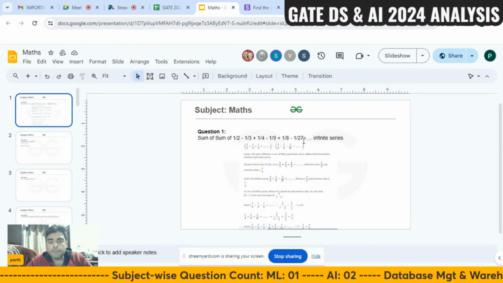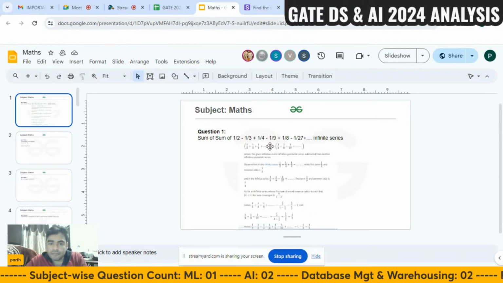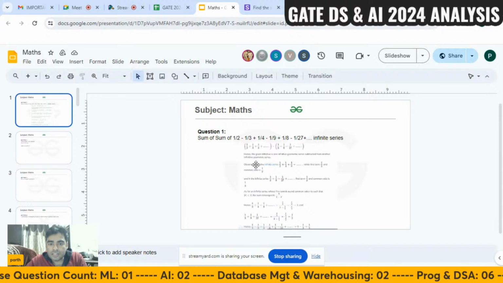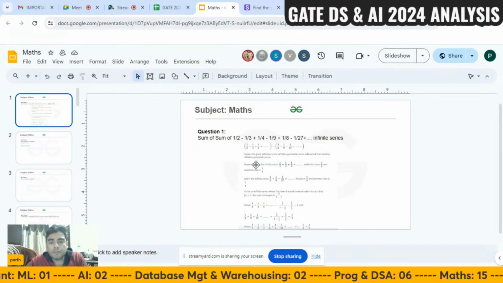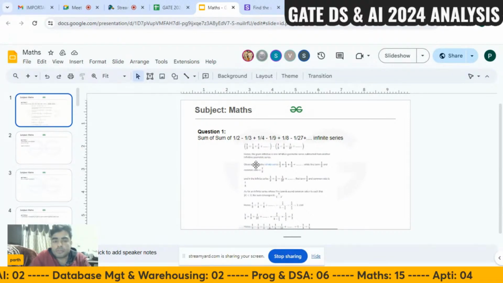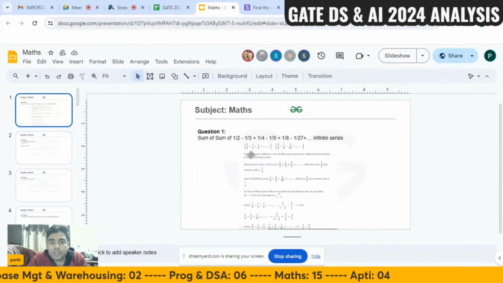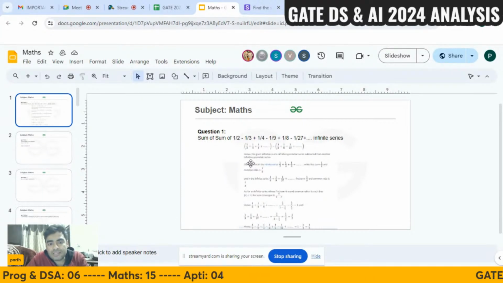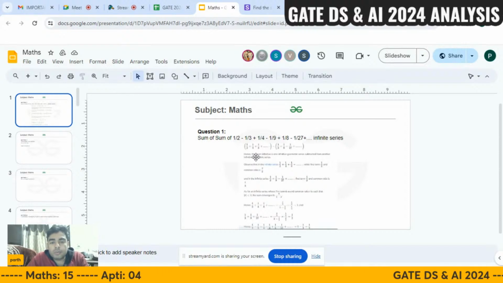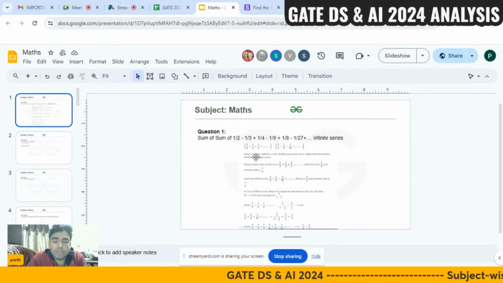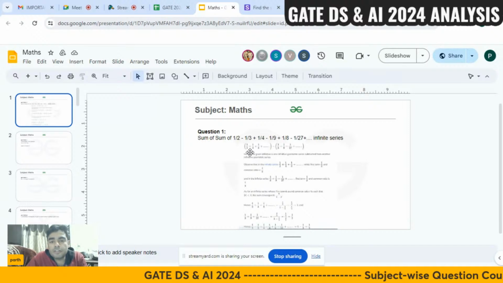If we see them carefully, the first series is an infinite series where the first term is 1 by 2, the common ratio is 1 by 2, and we know the formula a upon 1 minus r. By applying this formula, we get the sum of the first bracket.